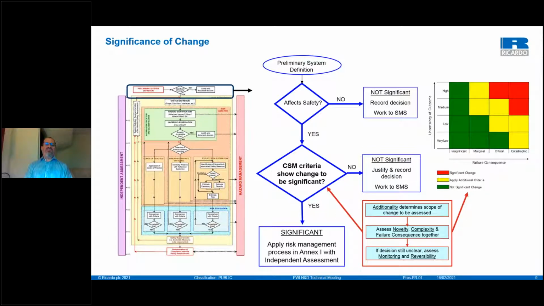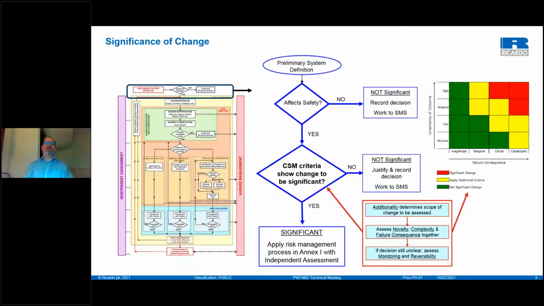An example of a change that wouldn't, or may not, affect safety would be, say, putting a new advertising hoarding up at a station. So as long as it's located properly, it's not providing distraction to drivers, it's not providing a hindrance to signal sighting, it's not got vast expanses of red or other lighting that can cause issues in terms of misreading signals.